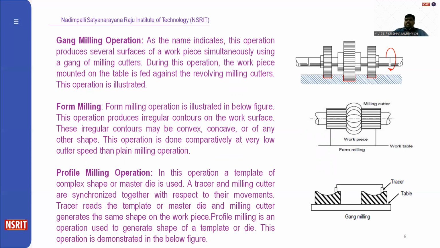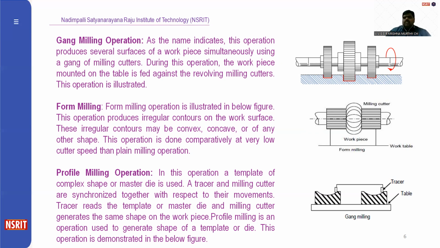Here we will be using a master die, and based upon the master die, we produce the operation. A tracer and the milling cutter are synchronized together with respect to their movements. Profile milling is an operation to produce a template or die, like in the casting process.